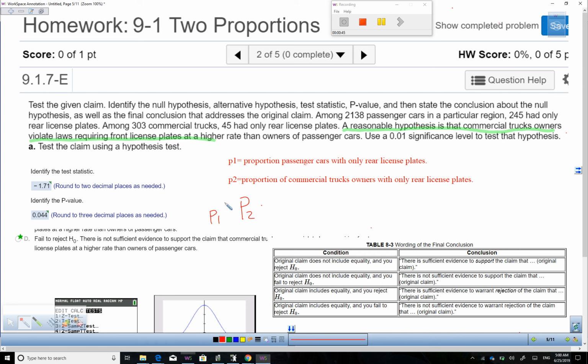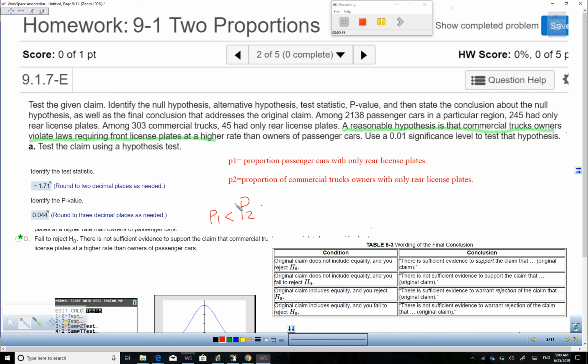If you want to write the correct inequality, it will be like this: P1 is less than P2. P1 is the proportion of passenger cars with only rear license plates, and P2 is the proportion of commercial truck owners with only rear license plates.